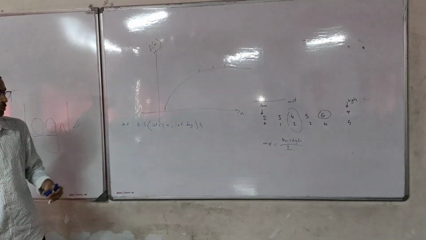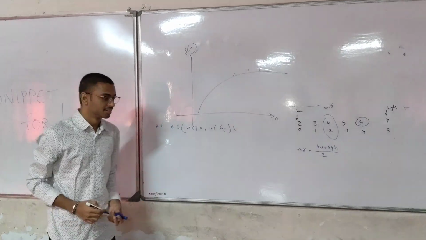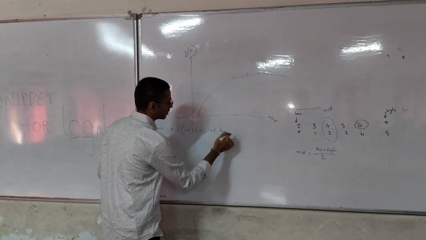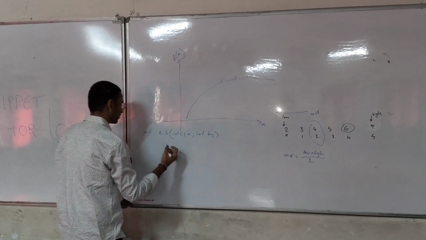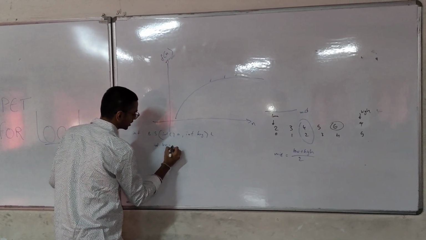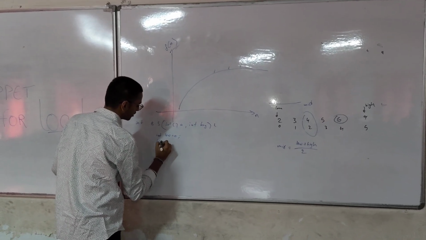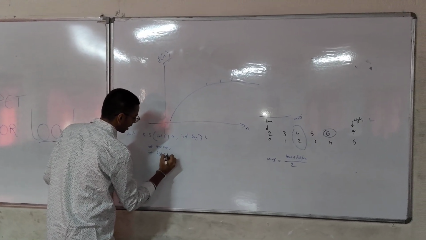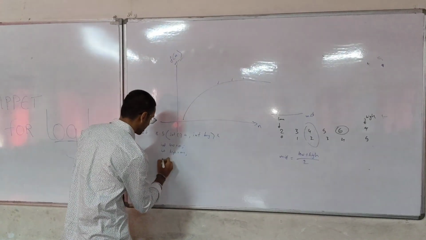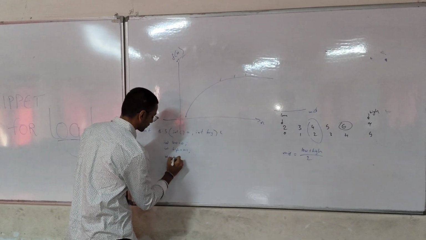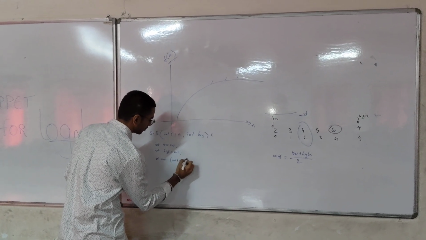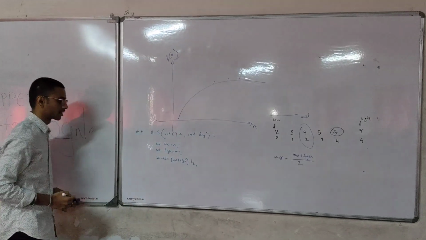So my first task is to calculate a mid. So let's just say int low is equal to 0 and int high is equal to n minus 1. I'll compute a mid, which is int mid is equal to low plus high by 2, right?